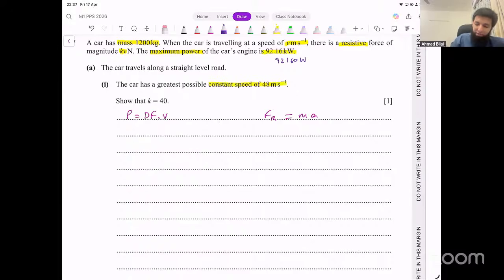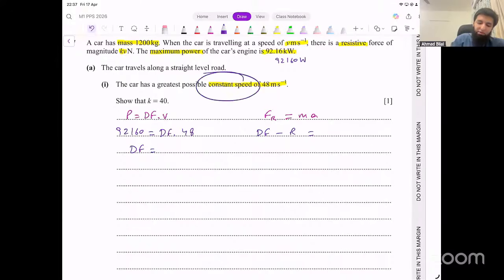So what we can do is we can say power is 92160. That is equal to driving force into velocity, that is 48. And that will give you a value for driving force. You can see what that is. Now, forward force is driving force in this case, backward force is resistance. That equals mass into acceleration.